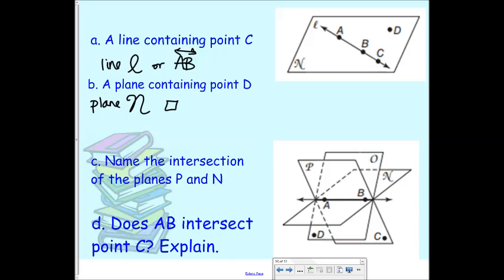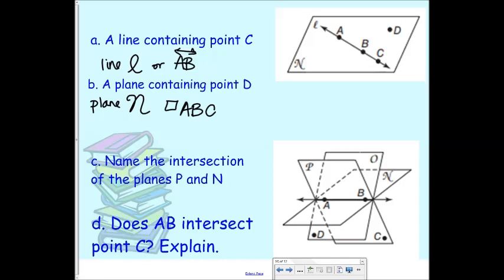All right. Where do planes P and N intersect? P is like this plane right here. N is this one right here. Where do they intersect? AB is a what? Line. Okay, so it has to be a line. And in this case, the line where they touch each other is what? AB.